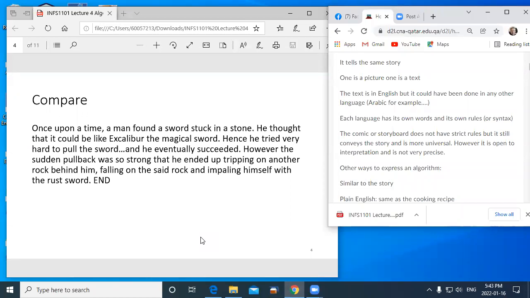And actually, we used to use the term structured English, and we changed it to pseudocode. Pseudo means almost like, means similar to. So pseudocode is similar to a program. Right? So it kind of looks like a computer program, but it's not.